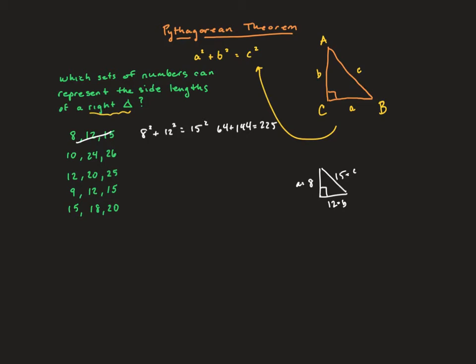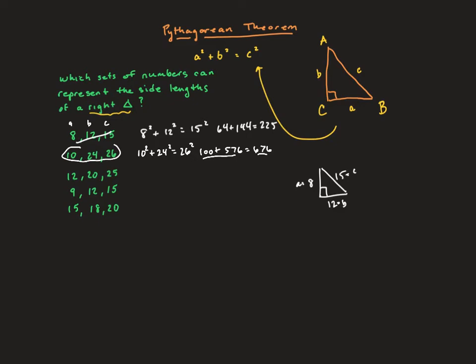We can just keep plugging those in again using A, B, and C. A and B are interchangeable, but C would be my longest side. So I'm going to have a squared plus b squared equals c squared, and we end up with 100 plus 576 equals 676, because 100 plus 576 is going to equal that.